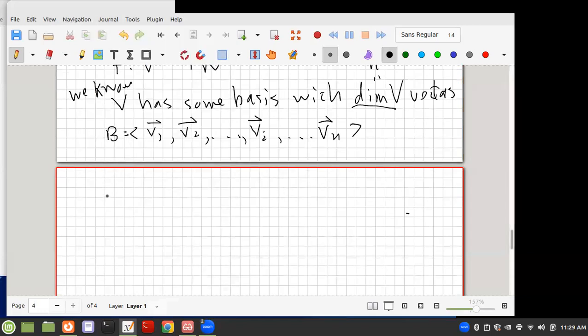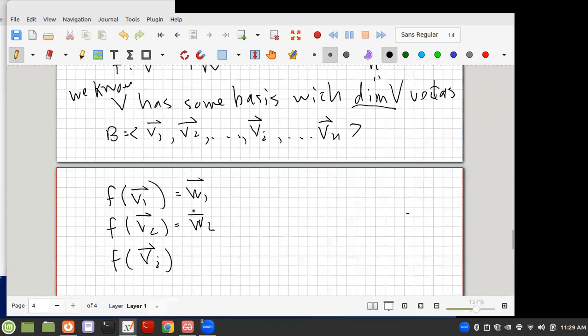Okay, so let's look at F of V1, F of V2, F of Vi. These are all vectors, like this is W1, this is W2, this is W sub i. So we've got n images.